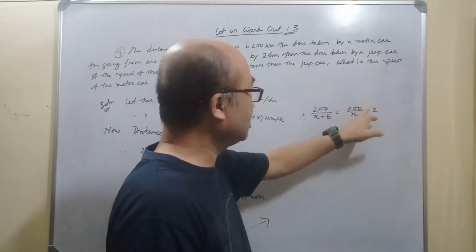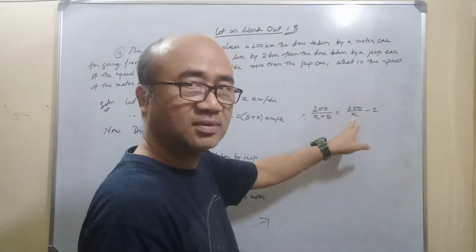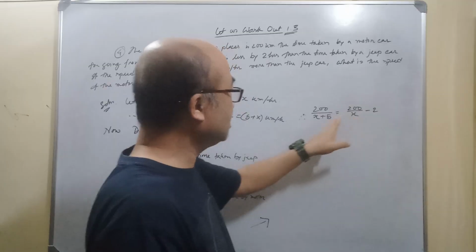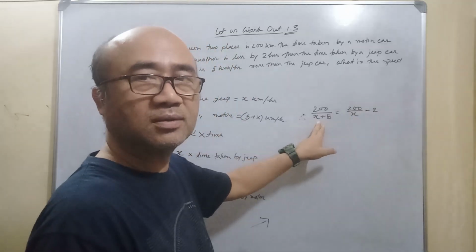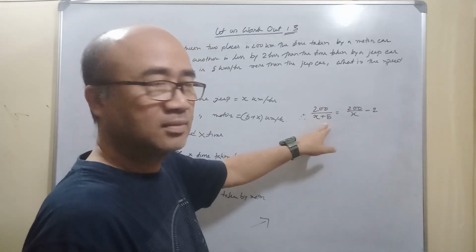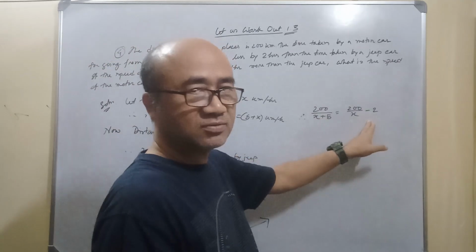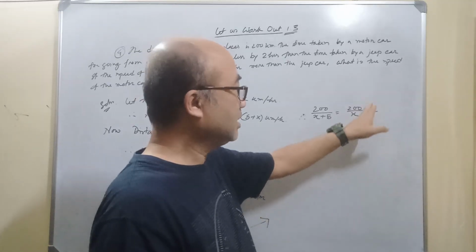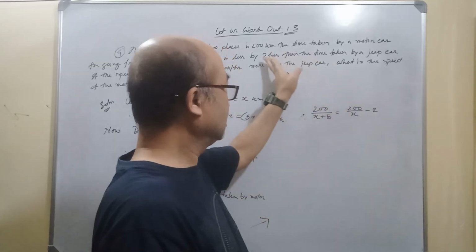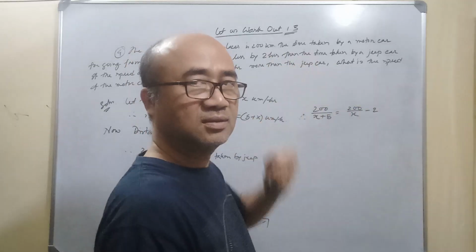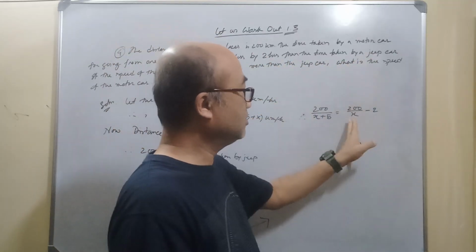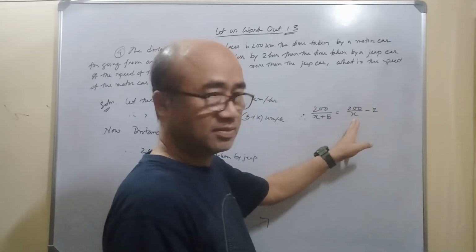Time taken by the jeep car is 200 by x. Less than the time taken by the jeep car, that gives us the time taken by the motor car. So this must be equal to this one: the time taken by the jeep car minus 2 hours.